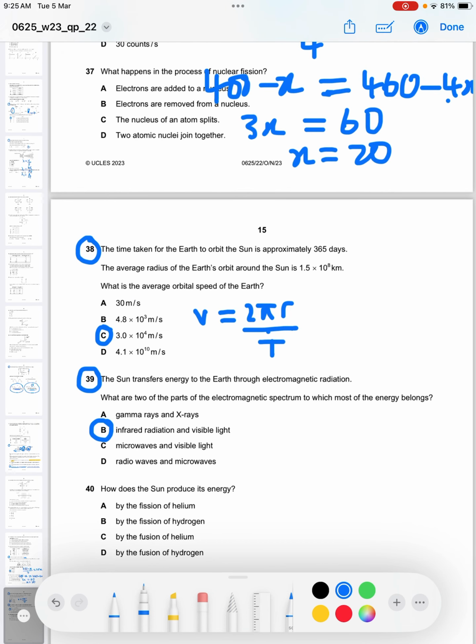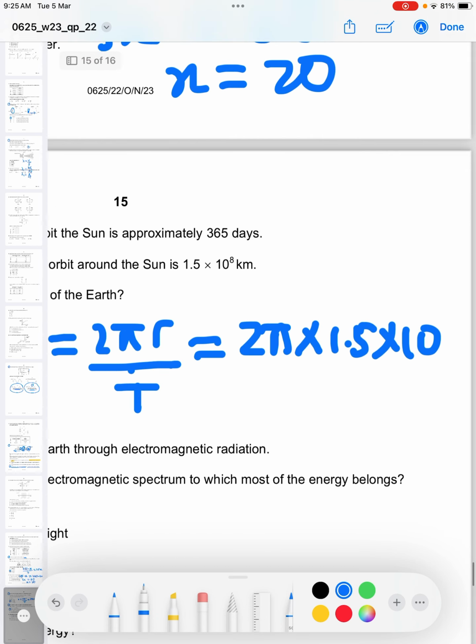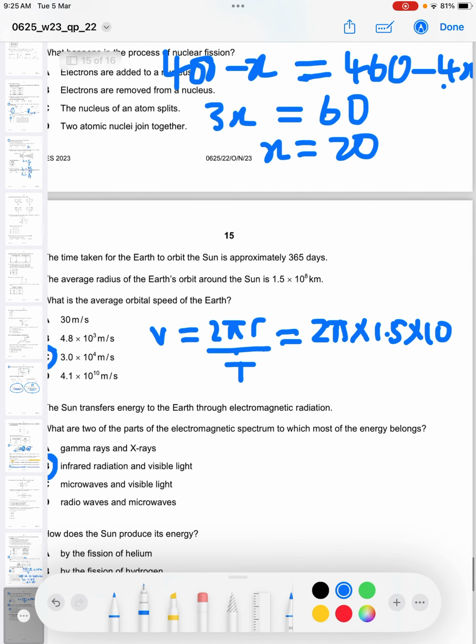We're given the period, time taken for the Earth to orbit the Sun, which is the time taken for one complete oscillation, circular motion. So in other words, it's 2 pi times 1.5 times 10 to the power of 8. We must change it to meters, it's in kilometers, so we multiply it by 10 to the power of 3, which becomes 10 to the power of 11, divided by the time, which is 365 days, times 24 hours in a day, times 3,600.